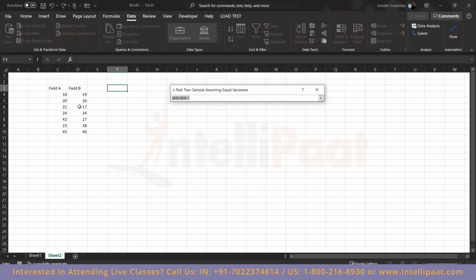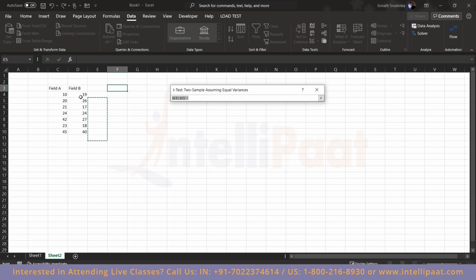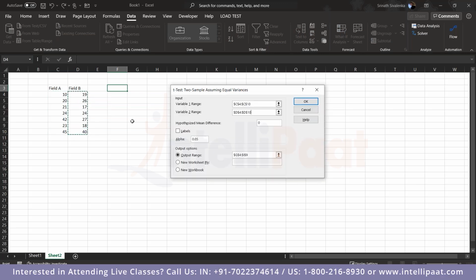Let's quickly select this data set as array 1, and I'm selecting variable 2 here. Then the hypothesized mean difference: I'm saying that the difference in the mean is 0, meaning the means are the same.